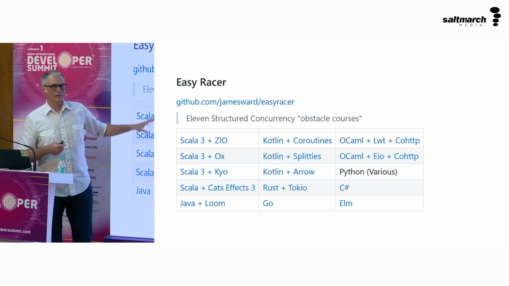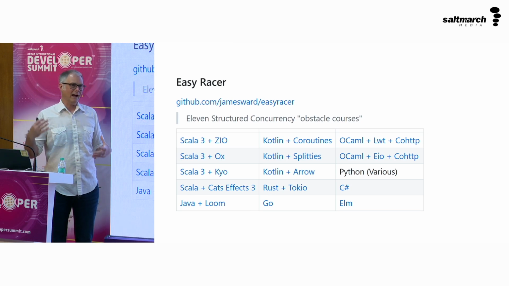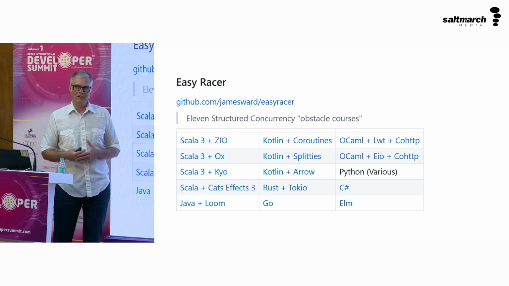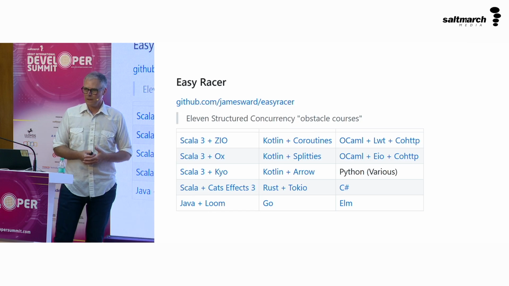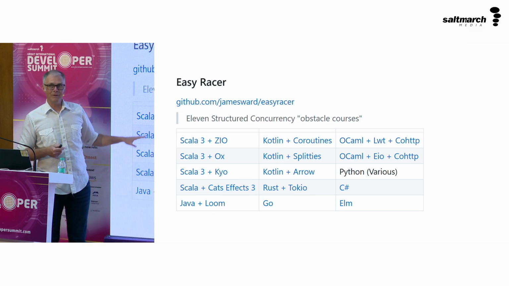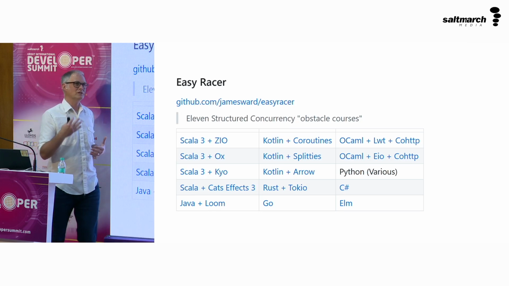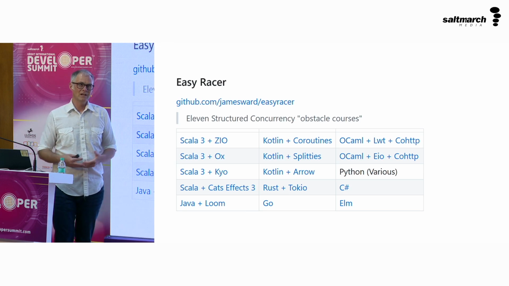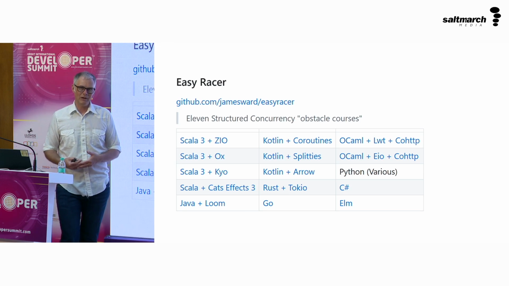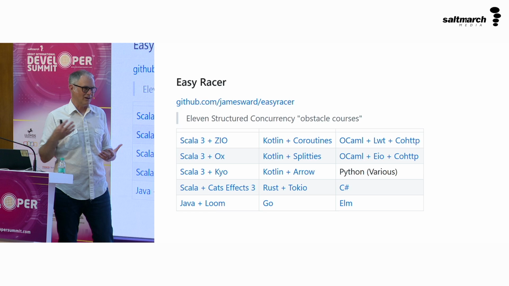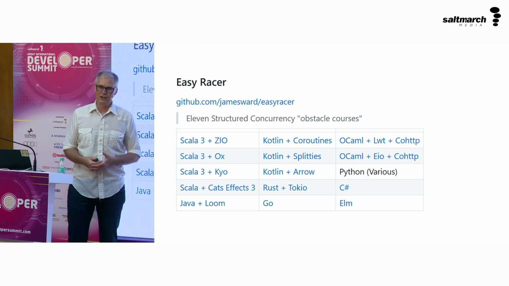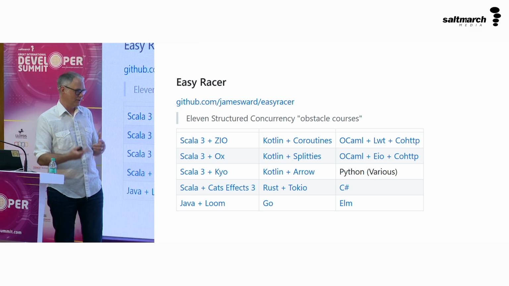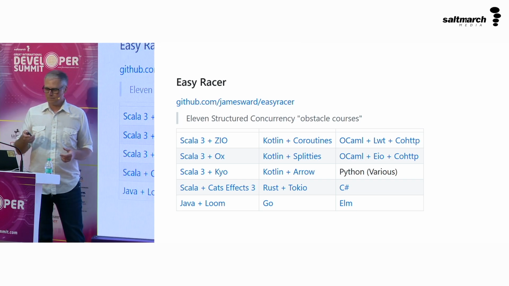So lots of different options for looking at how these different obstacles are handled. What I'm going to do is go through some of the obstacles that exist and then show you some of the different implementations with different languages and libraries, just to give you a sense of the different ways in which structured concurrency is dealt with depending on your language, your framework, that sort of thing.